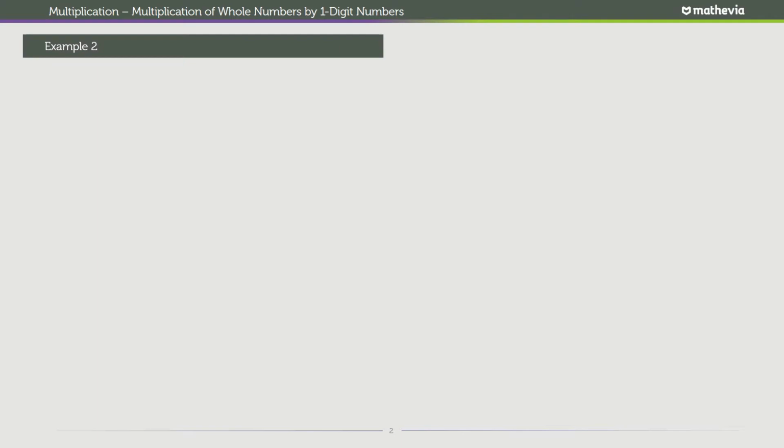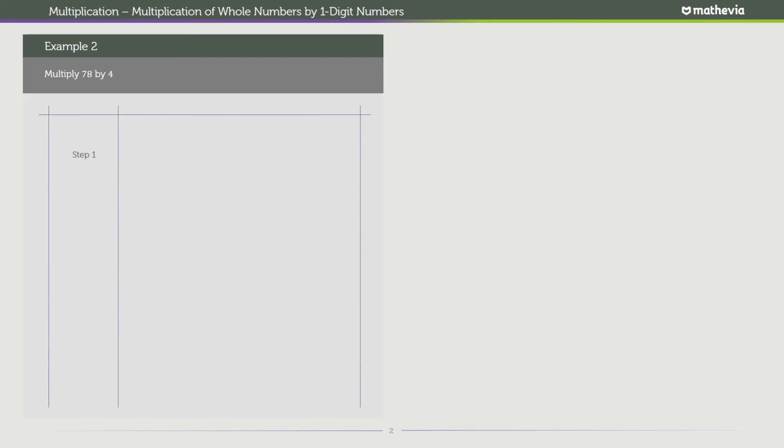Example 2. Example 2 says multiply 78 by 4. So we're looking to multiply 78 by 4. To multiply 78 by 4, we're going to multiply digit by digit, and we start off with 8. We say 8 times 4 gives us 32, but we write 2 down and we carry 3 over to the left.